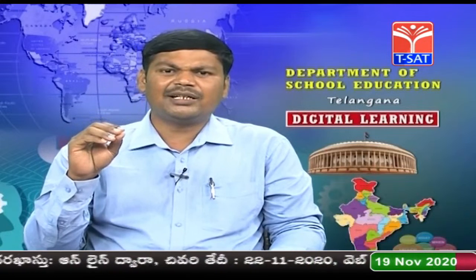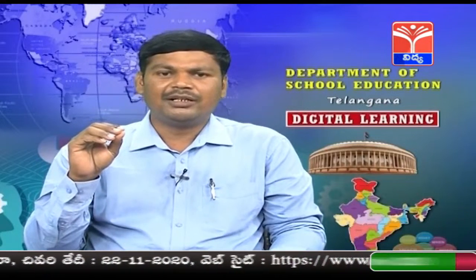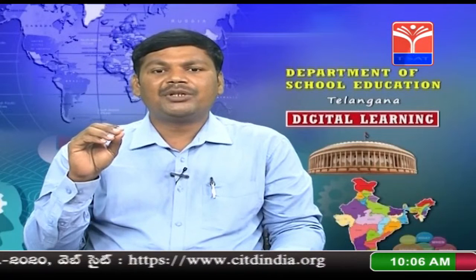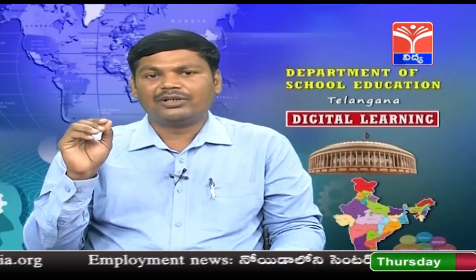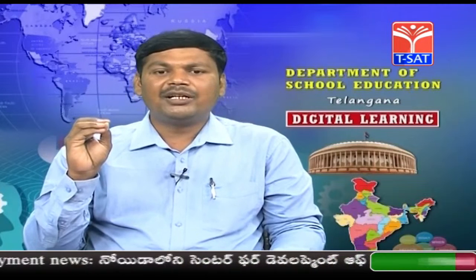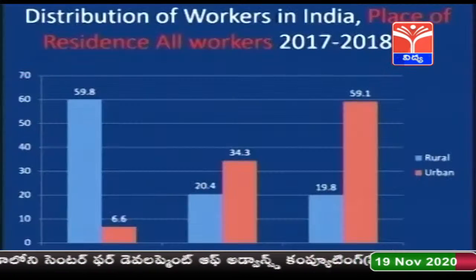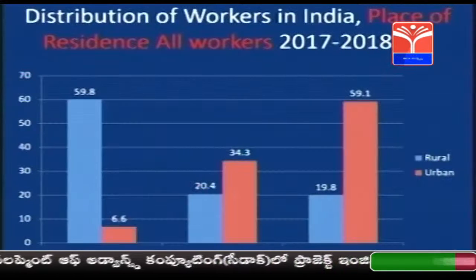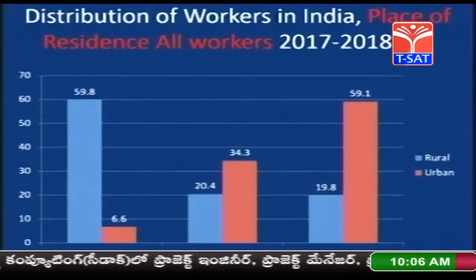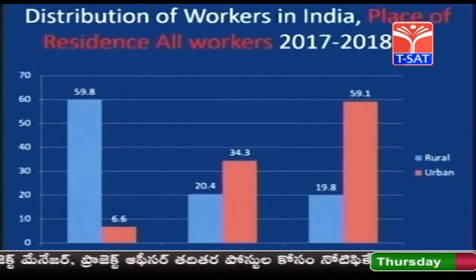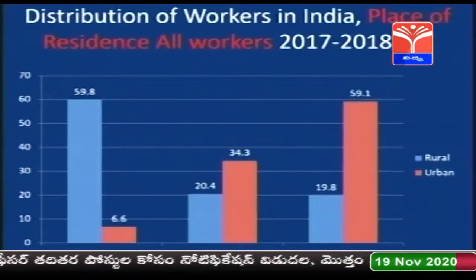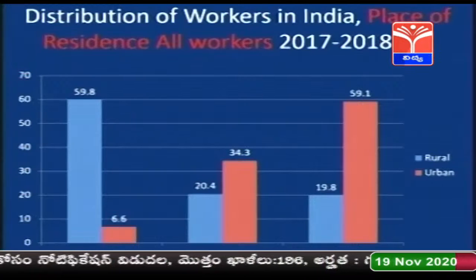In the agriculture sector, in 2017-18, 59% of rural workers are working in agriculture, and in urban areas only 6.6%. In industries, 20.4% in rural areas, which means industry is less in rural areas, and 34.3% in urban areas.